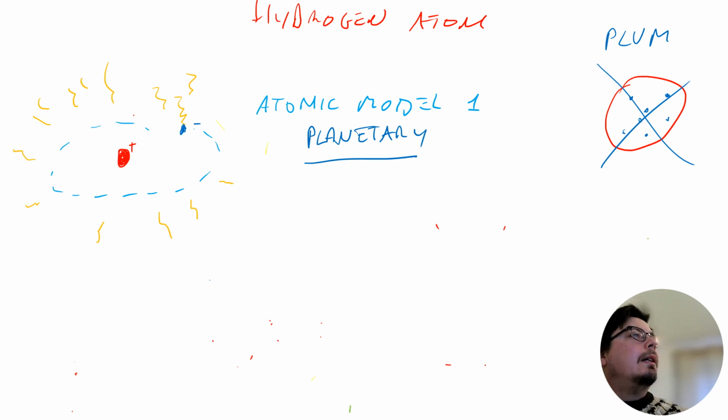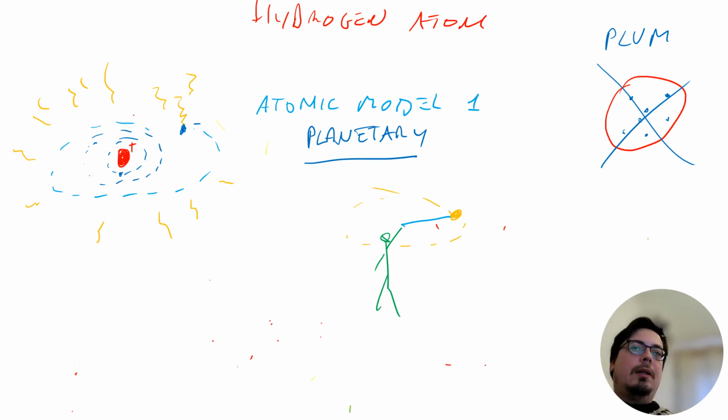But anyway, they emit light, and if you emit light, you emit it from somewhere, you lose energy, meaning that the more you spin around the nucleus, the less energy you have, and at some point you collapse onto the nucleus. And this is the same idea as having your stickman waving your rope, and then at some point you decide to reduce the speed at which you make it turn.